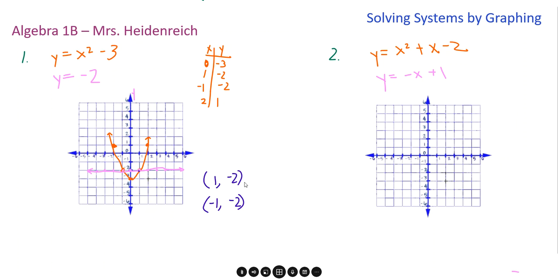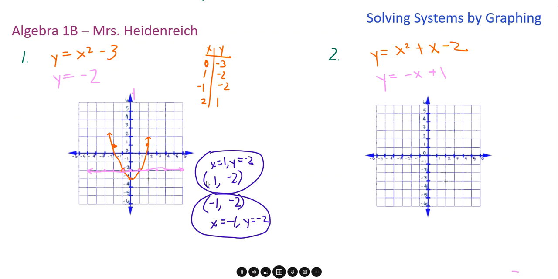I could have also written that my solutions are x equals 1, y equals negative 2, and my other solution would be x equals negative 1, y equals negative 2. So those are my two solutions for this system of equations. Again, if I plug those numbers into my two equations, I'll get two true equations, and I dare you to try it.